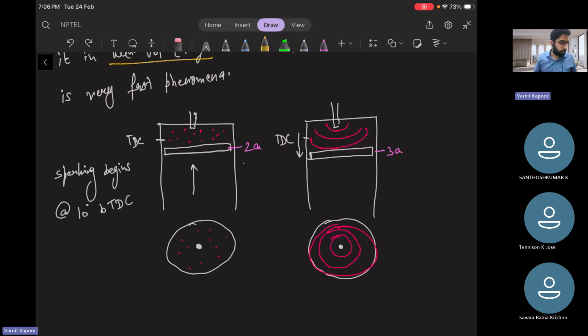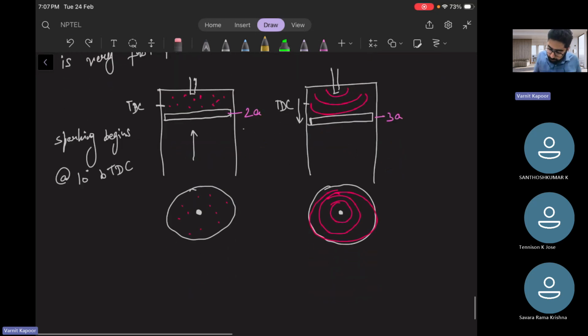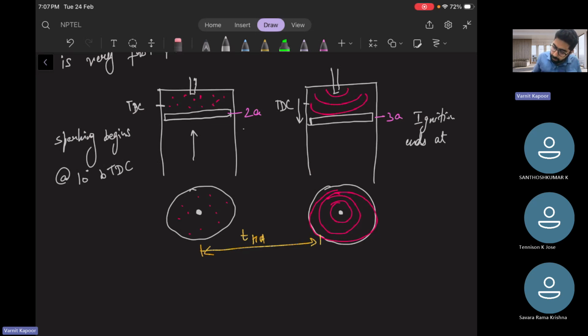Okay. So this is a process where time for the heat addition has happened. Ignition ends at 10 degrees after TDC.